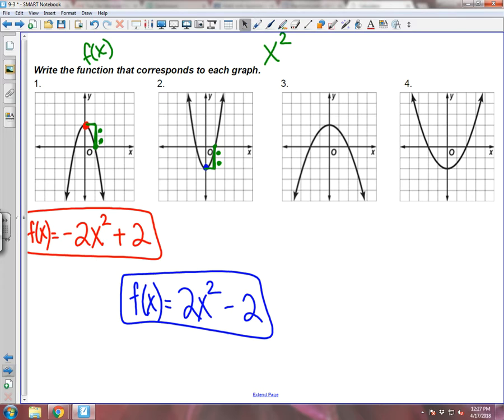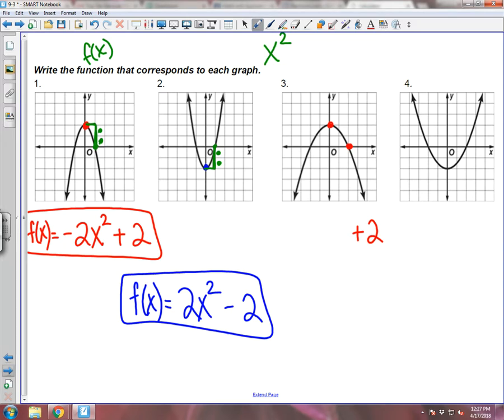In number 3, my vertex has been moved up 2, which means there needs to be a plus 2 on the end. If I want to look at my next nice point, that would happen way over here.